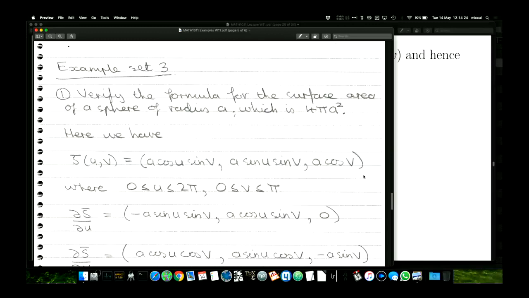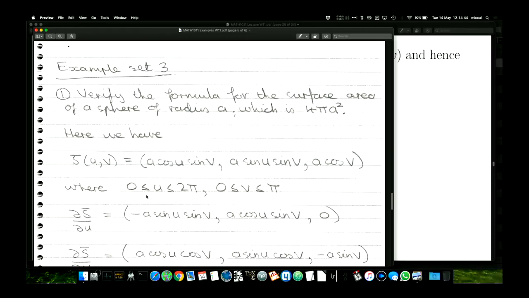You could do it in theta and phi, it makes no difference. I want the whole sphere, so I want theta, or u, to sweep out 0 to 2 pi, and v, remember the second angle is from the positive z-axis down to the negative, going from 0 to pi. I need two tangent vectors.